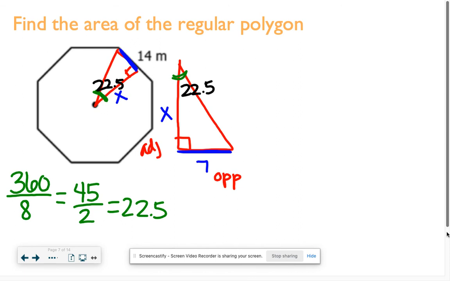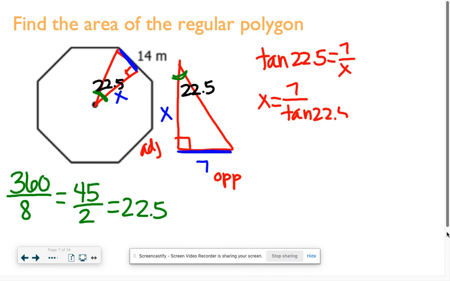What trig function uses opposite adjacent? That would be tangent. So we'll have tangent of 22.5 equals 7 over x. So we know we're going to have to take 7 divided by tangent of 22.5. And we find that our apothem is 16.89.